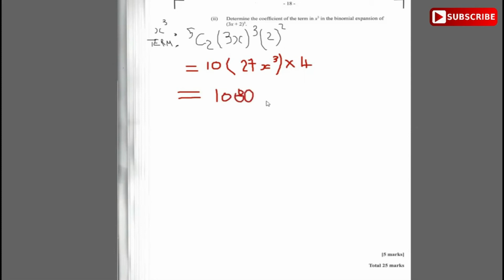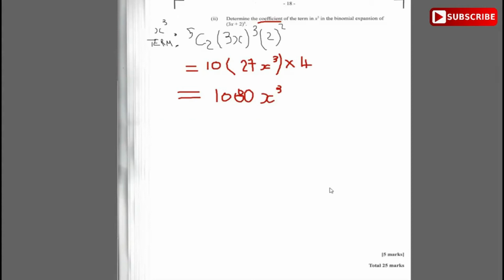1080 x cubed. Now remember what the question asks. You can't stop here. The question asks for the coefficient of x cubed. And so the coefficient of x cubed is 1080.